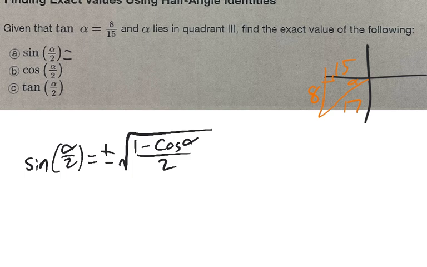But I know what cosine of alpha is. Cosine of alpha is negative 15 over 17. Because I'm in quadrant 3, and in the third quadrant, cosine is negative.